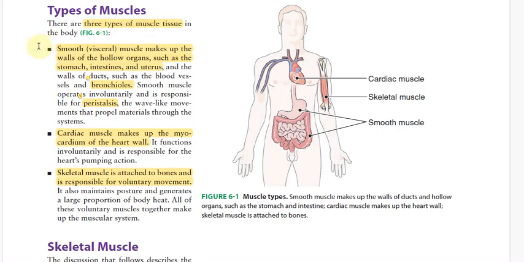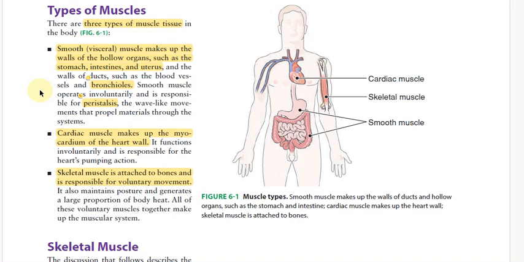Okay, let's go through the text. Types of muscles. Smooth or visceral muscle makes up the walls of the hollow organs such as the stomach, intestines, and uterus, and the walls of ducts such as the blood vessels and bronchioles.